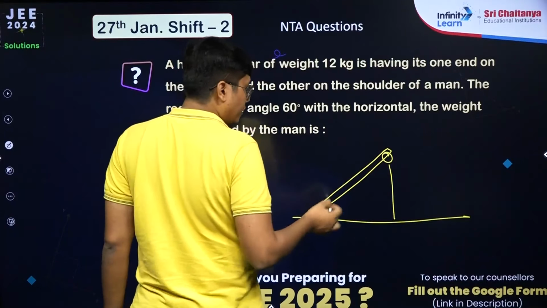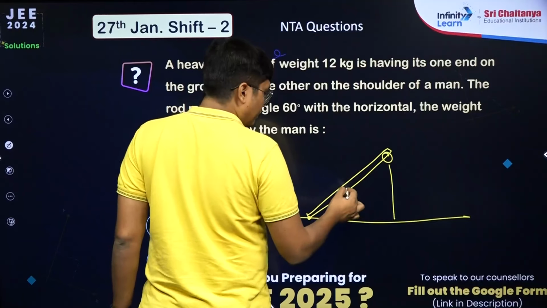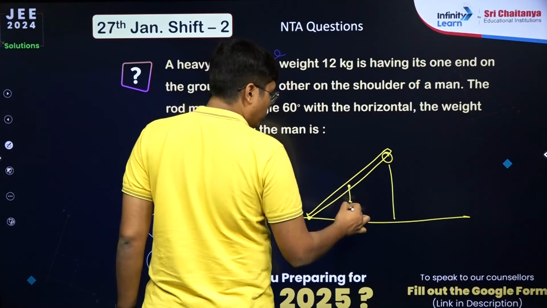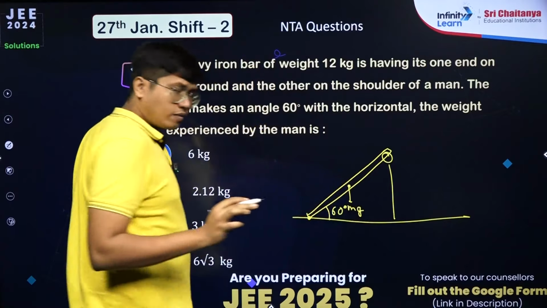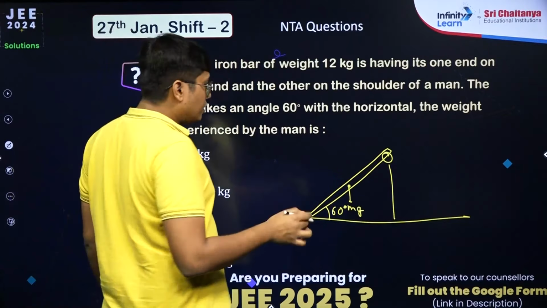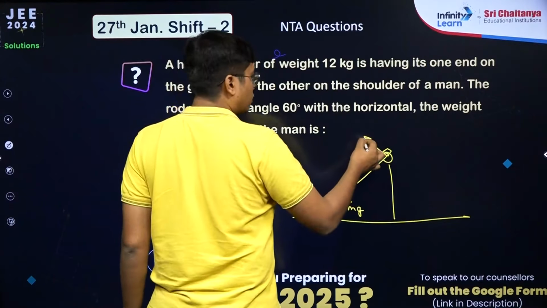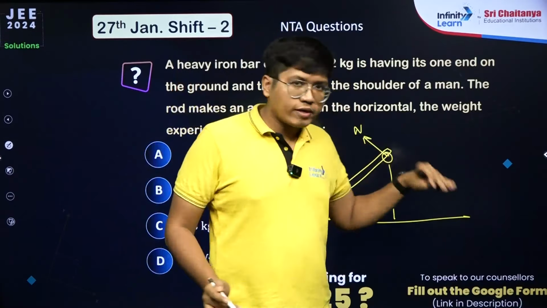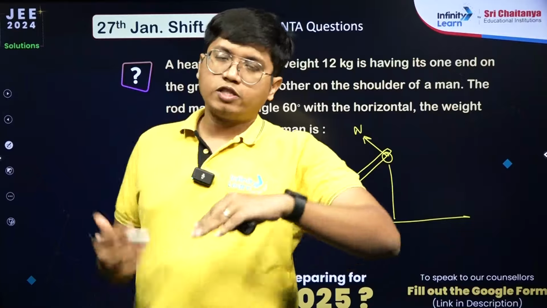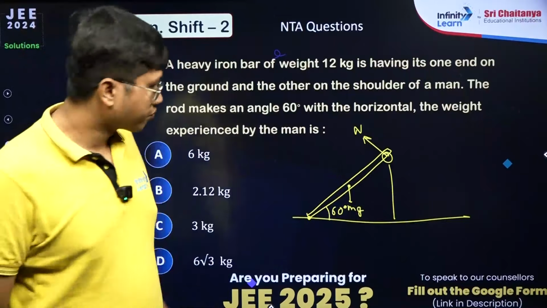Now over here, the weight of the rod acts straight down, mg. This angle is said to be 60 degrees. And this person exerts a force of normal reaction here, and that is what we need to find, because that is also the weight that the rod is exerting on the man. It's just the reaction force to that.